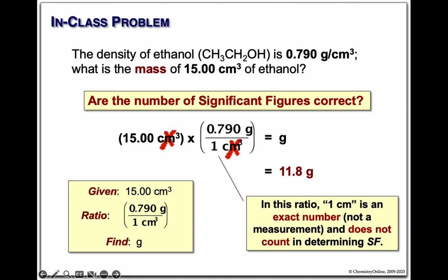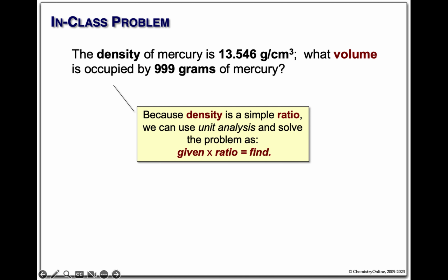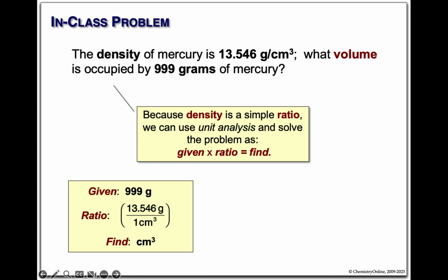Do another one. Mercury again, 13.5. We have 999 grams. What is the volume? Our given is going to be 999 grams. Our ratio is simply the density. Set it up. Now we see there's a problem here right away.